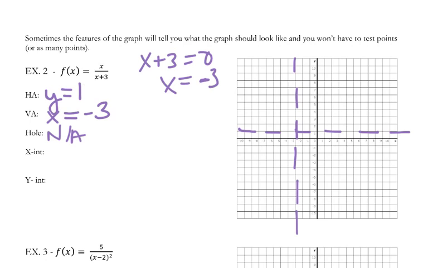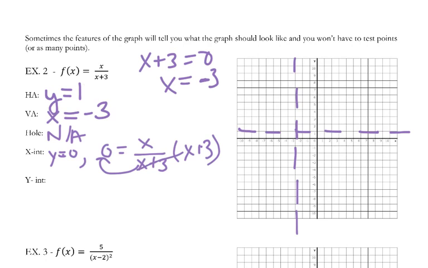X-intercepts. Remember to find the x-intercept, we set y equal to 0. So in this case, we have 0 equals x over x plus 3. Multiply both sides by x plus 3, and multiply it over here. These cancel. We end up with just 0 on the left side because anything times 0 is 0. So we're left with x equals 0.